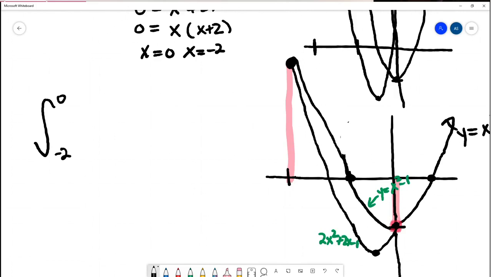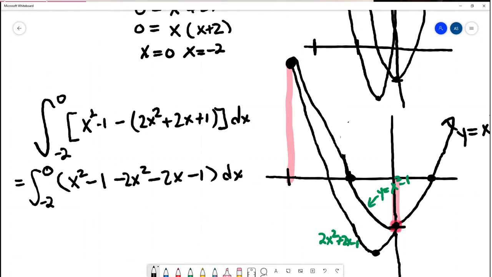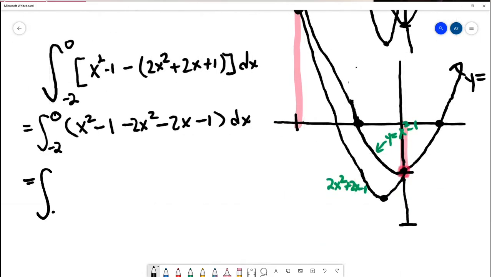We're going to integrate from -2 to 0. x squared minus 1 is my top curve, minus 2x squared plus 2x plus 1 dx. Let's do some algebra to clean up inside the integral. And I'll have x squared minus 1 minus 2x squared minus 2x minus 1. That's a negative x squared minus 2x dx.